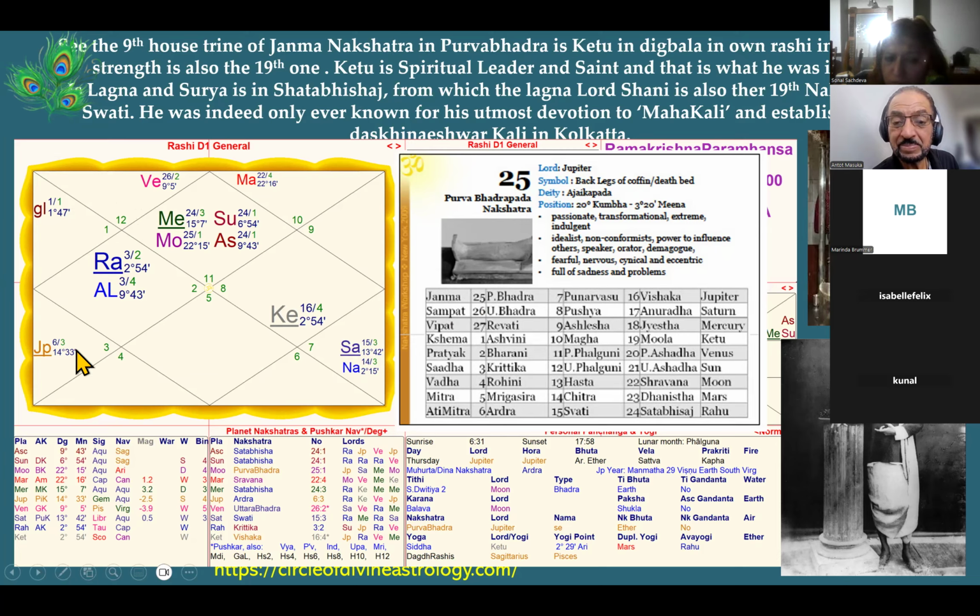Similarly, three padas of Punarvasu lie in Gemini, and one pada of Punarvasu lies in Cancer. Similarly, the third one, Vishakha, the 16th constellation, has three padas in Libra and one pada in the water sign of Scorpio.